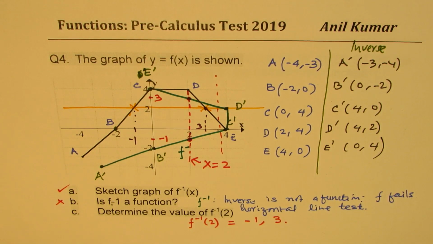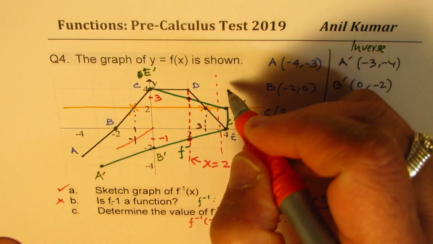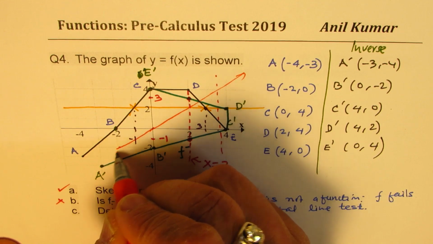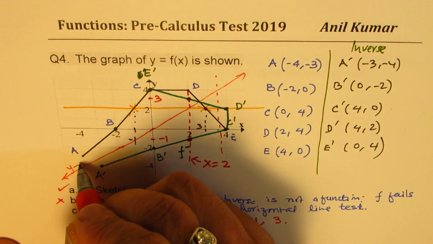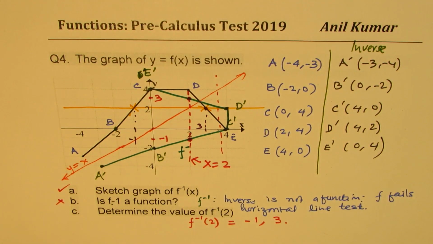Perfect. Now some of you could have actually sketched the inverse by reflecting on the line y equals x, right? So let me just draw the y equals x line here. It is not that accurate, but still, you could reflect on y equals x to get your points. So I hope that makes sense.